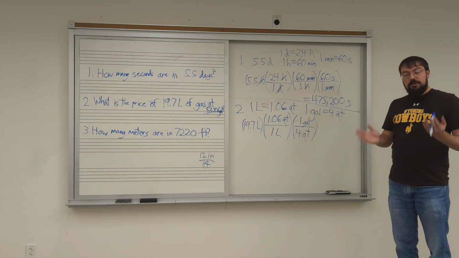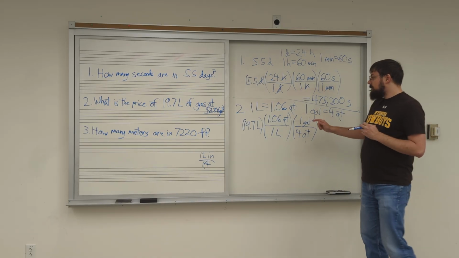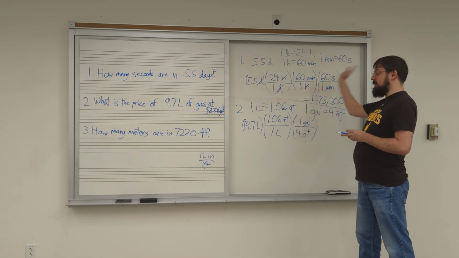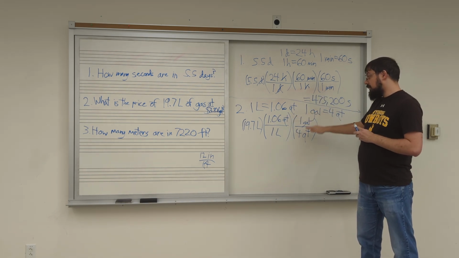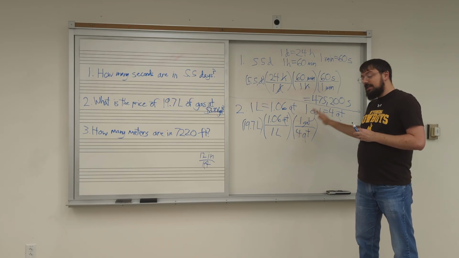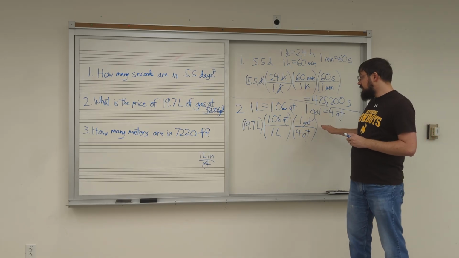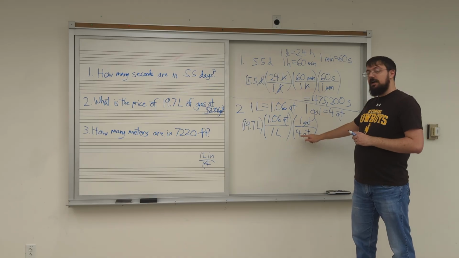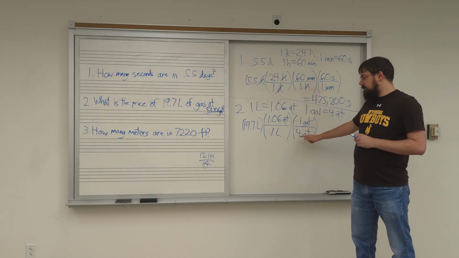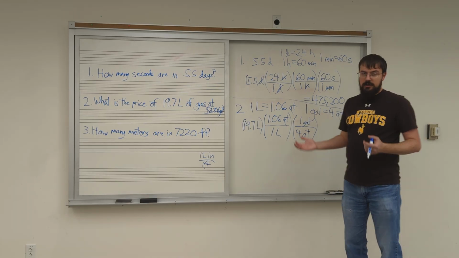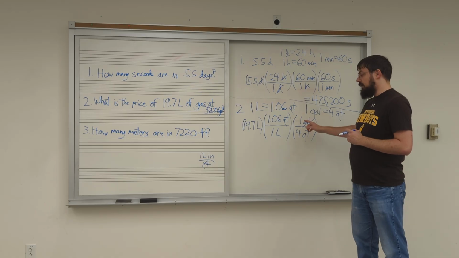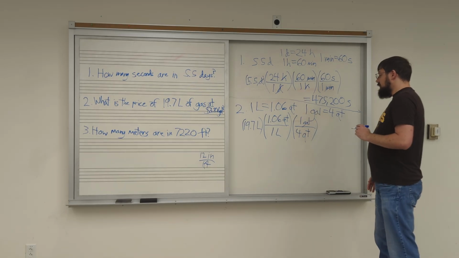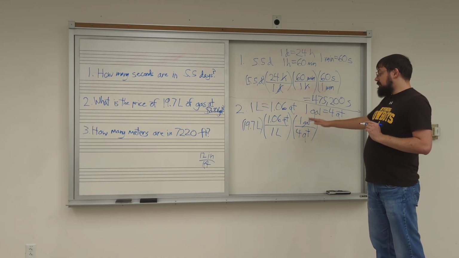Now, notice on this one that instead of having 1 on bottom and something else on top like we did for everything else so far, we have 1 on top and something else on bottom. What this basically means is that when we're multiplying everything out, instead of multiplying by 4, we're going to divide by 4. Or another way you could think about this is we are multiplying by 1 over 4. All right? So now this is enough to give us something in gallons.